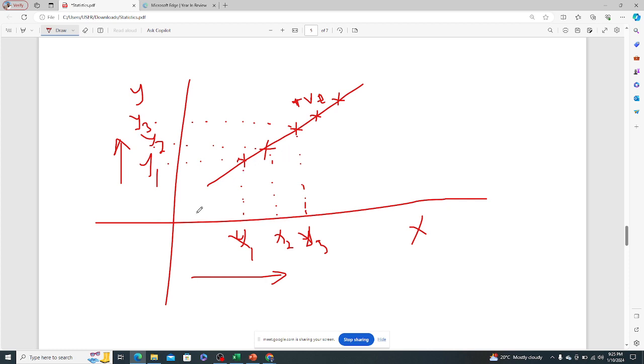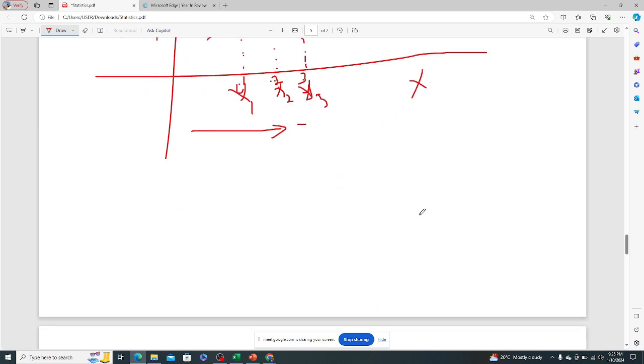You remember here we have 1, 2, and 3, and here we have 1, 2, and 3. As we move from 1 to 2, it is a one step increase. If we go from 2 to 3, it's an increase. If we go from y1 to y2, it's an increase. So that's why we are talking about a positive increase, or a positive regression.